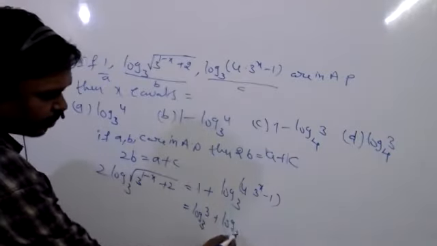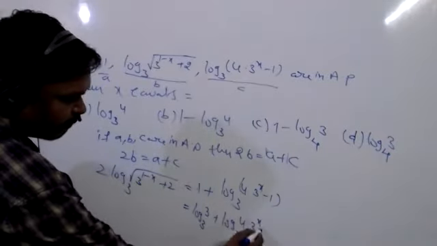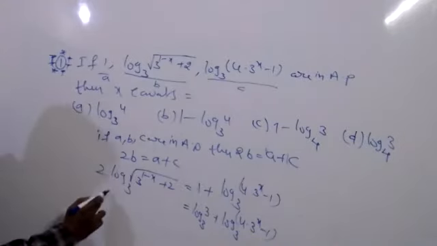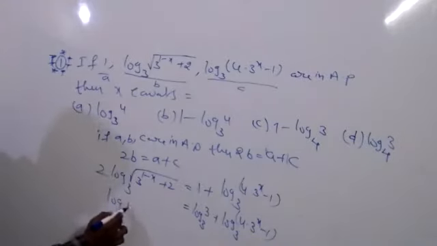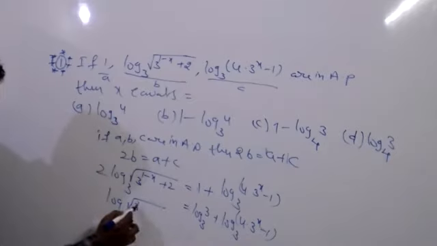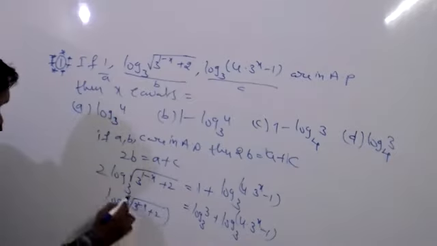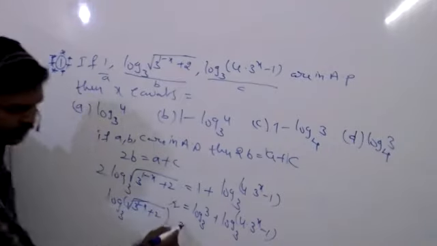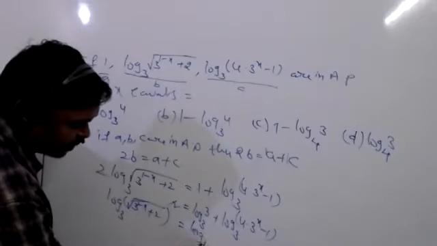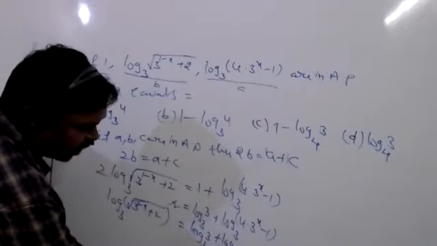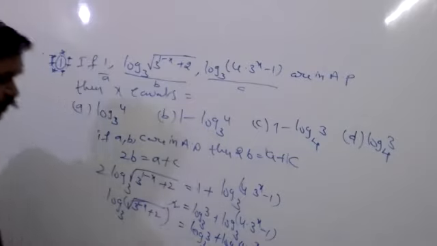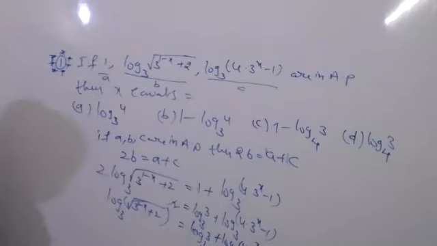Since square root gets cancelled: log base 3 power 1 minus x plus 2 is equal to log base 3 power 3 plus log base 3 power 4 into 3 power x minus 1.